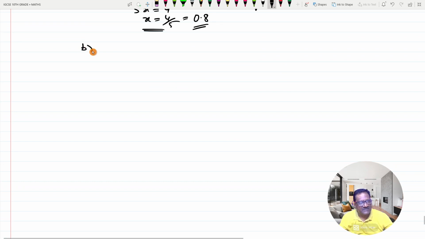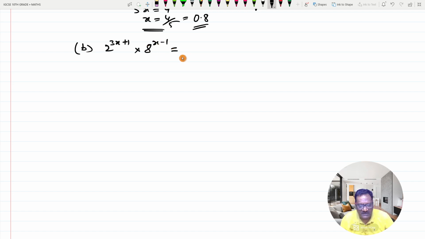Sub question B says 2 raised to 3x plus 1 multiplied by 8 raised to x minus 1 is equal to 128. So again, let me make all the bases the same.